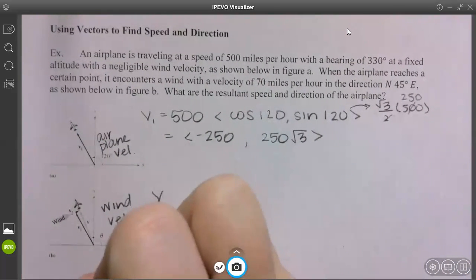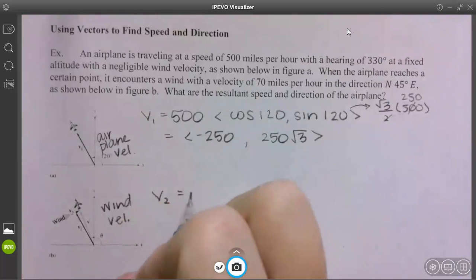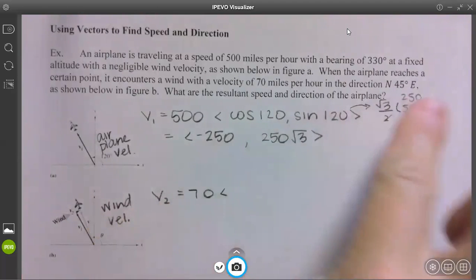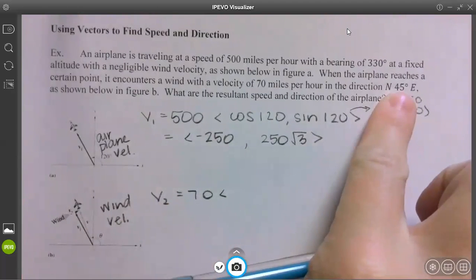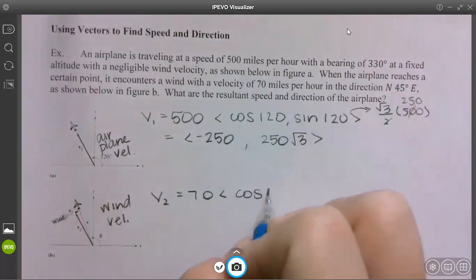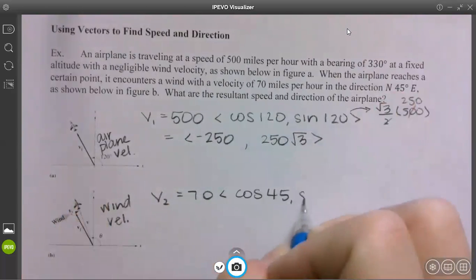For wind velocity, it said it has a 70 mile per hour speed and that theta was in the direction north 45 degrees east. So 45 degrees from north. And we get cosine 45, sine 45.